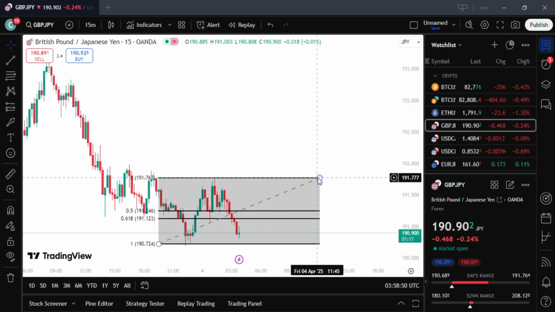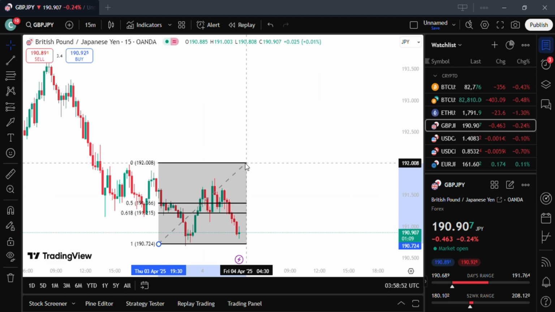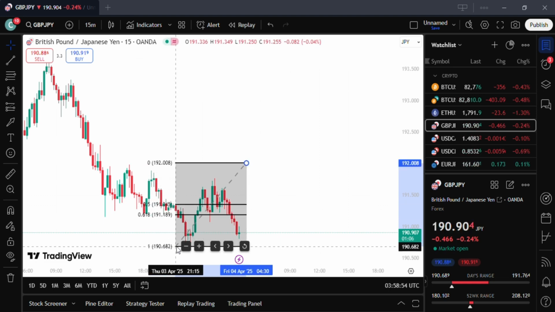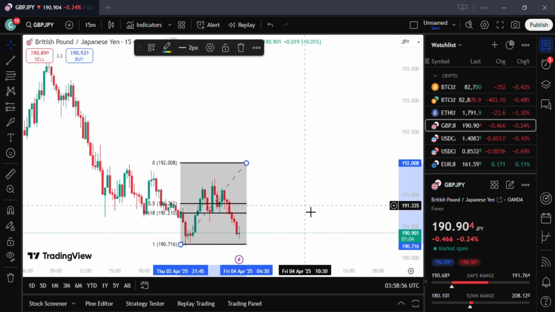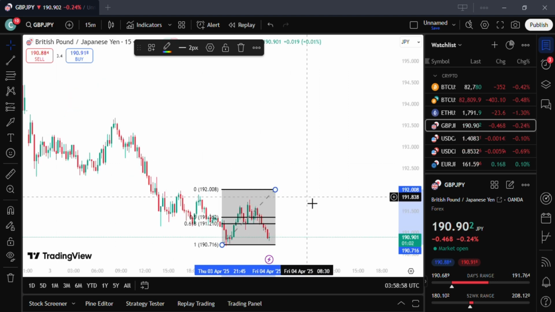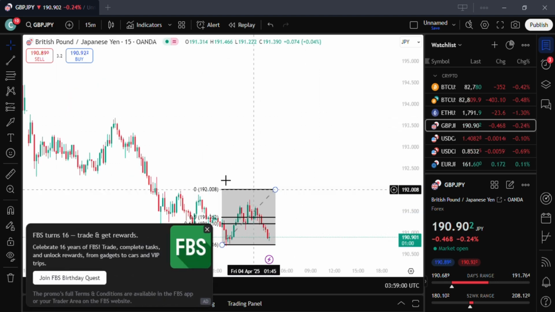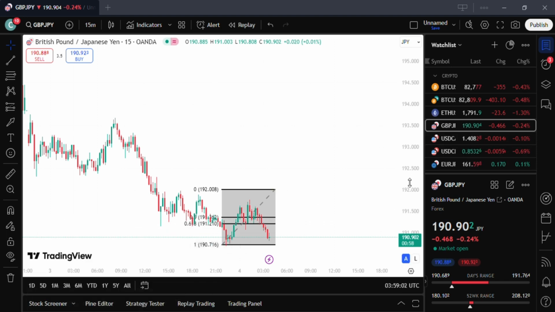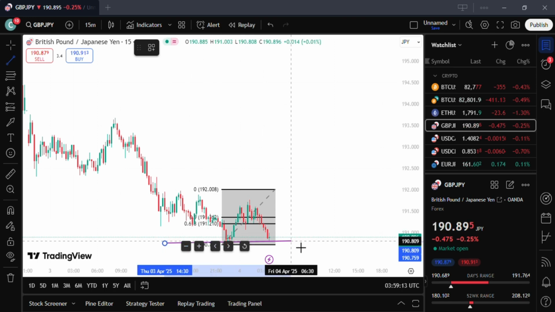So I think here you can see it clearly. Put our Fibonacci here, and now you could see that there's a price movement downward since yesterday, and this one is trying to show a support here.